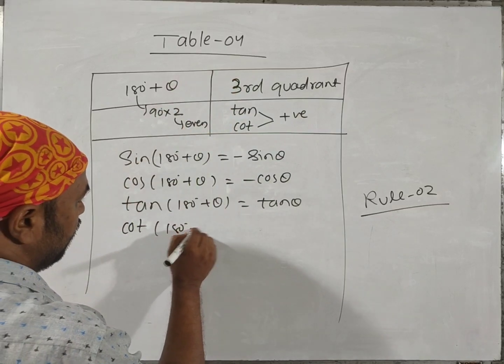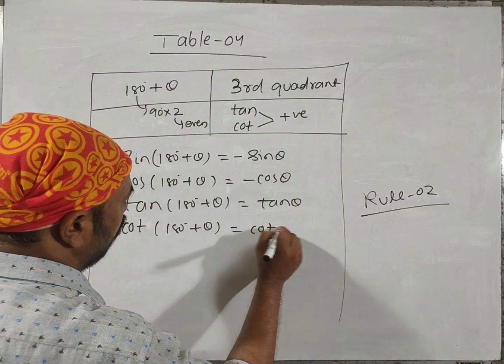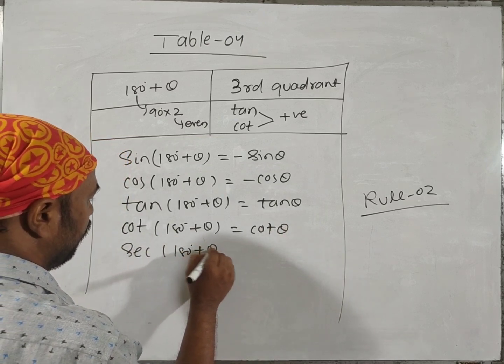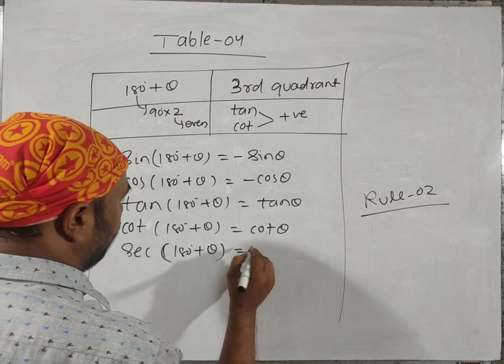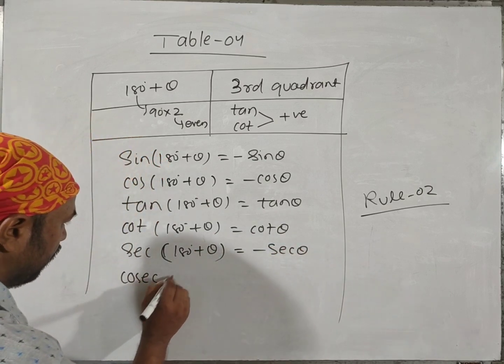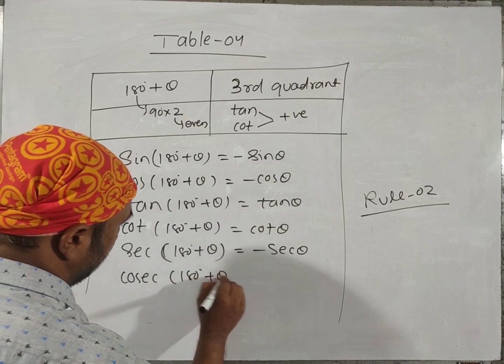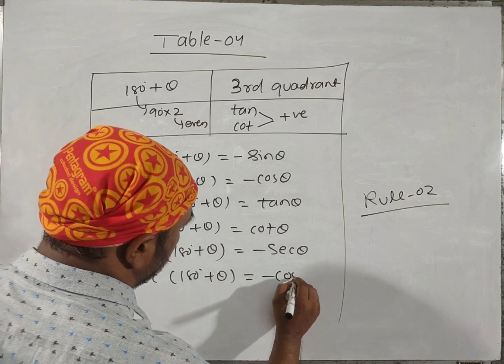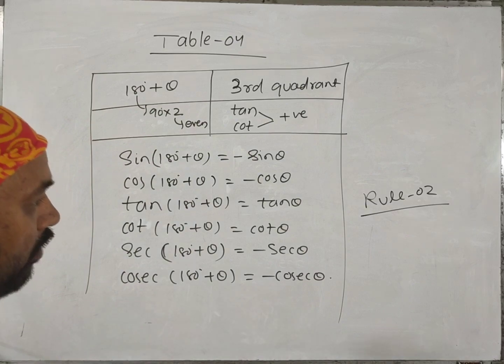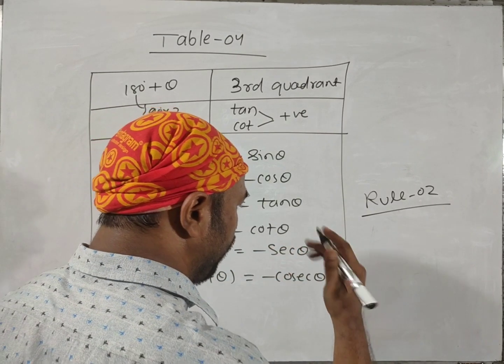Cot 180 degree plus theta, similarly it will be cot theta. Then sec 180 degree plus theta will be minus sec theta. Then cosec 180 degree plus theta will be minus cosec theta. So it is all about the table number 1, 2, 3 and 4.